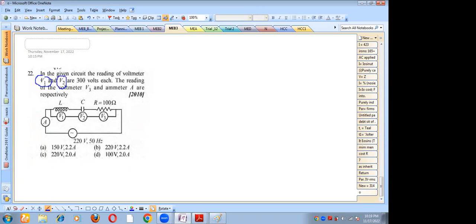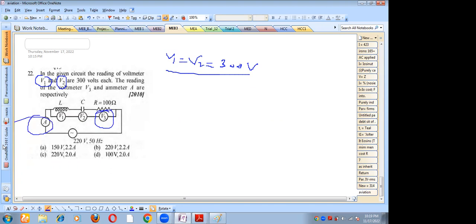So in the question it is given that V1 and V2 are equal to 300. We have to find the reading of the voltmeter V3 and the ammeter A.